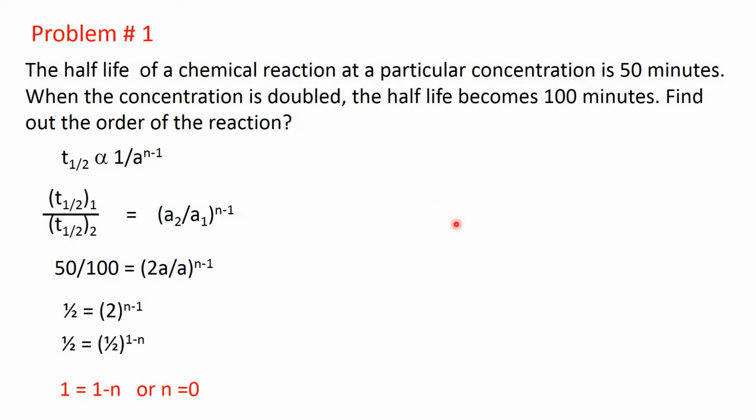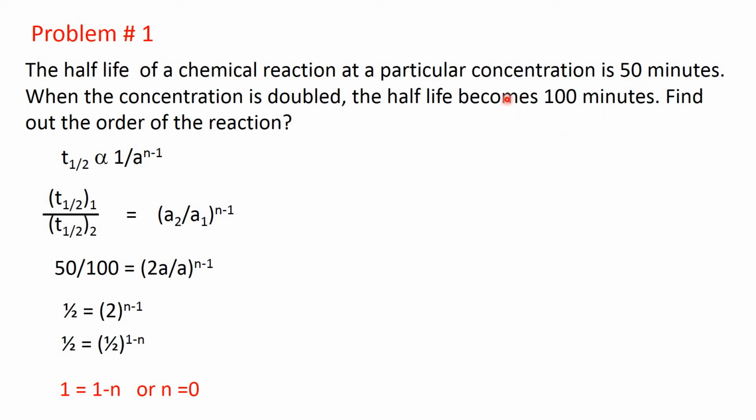Now coming to some problems based on these topics of chemical kinetics. Problem 1: the half-life period of a chemical reaction at a particular concentration is 50 minutes. When the concentration is doubled, the half-life becomes 100 minutes. Find the order of the reaction. From this statement itself, it is clear that it is a zero order reaction, because for zero order reaction, half-life is directly proportional to the concentration.